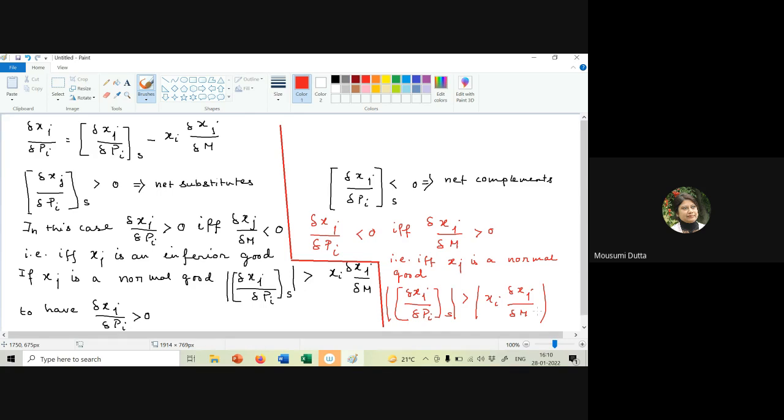However, the reverse is not true. Okay, I hope you are understanding. If the commodities are net complementary to each other, then that does not necessarily indicate the commodities are gross complementary to each other. Okay, so this is the entire story.